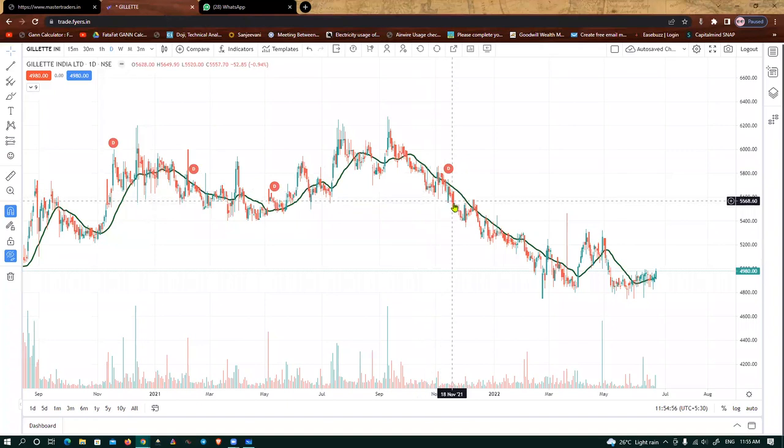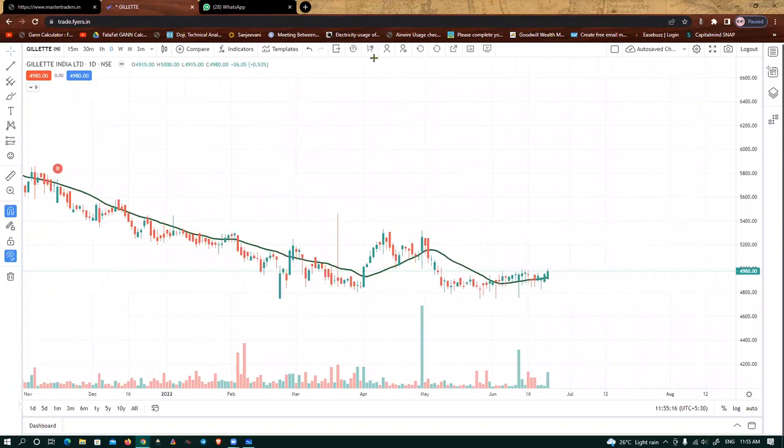And it kept falling down. Here it tried to come back to the strong zone. It did not sustain. It went below the moving average. Again, it became weak. Now, what is happening? Currently, it is trading on the moving average.